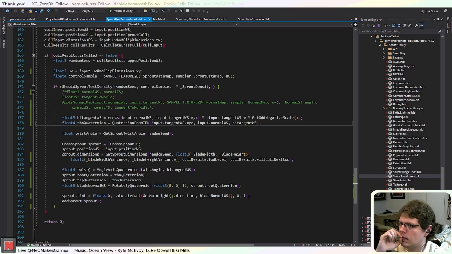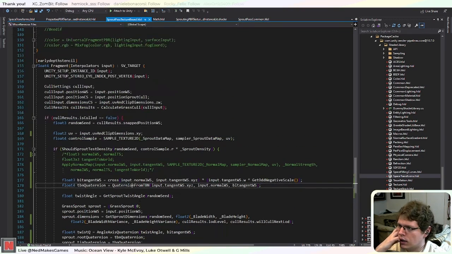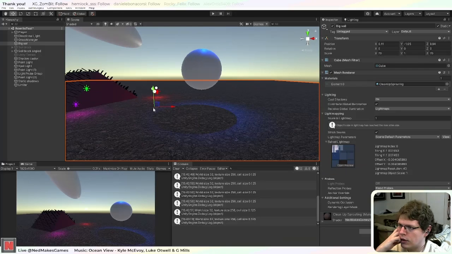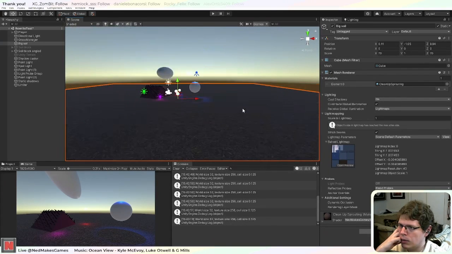Okay. I just don't know why it works for that one, for this, and doesn't work for this. What about if I rotate it a little bit?